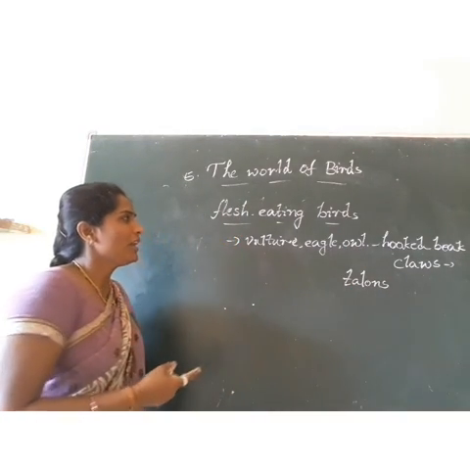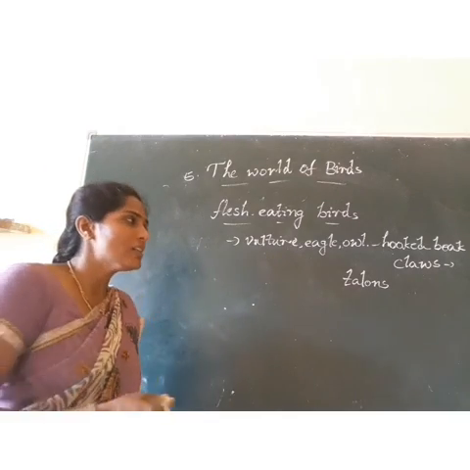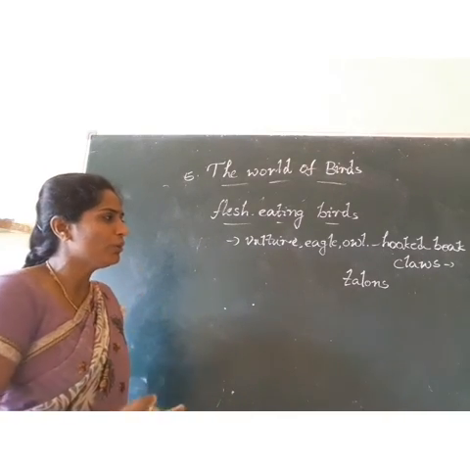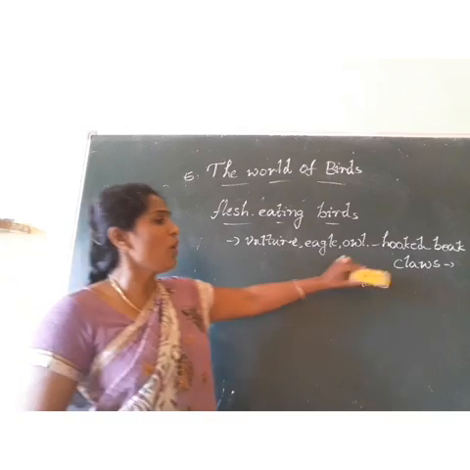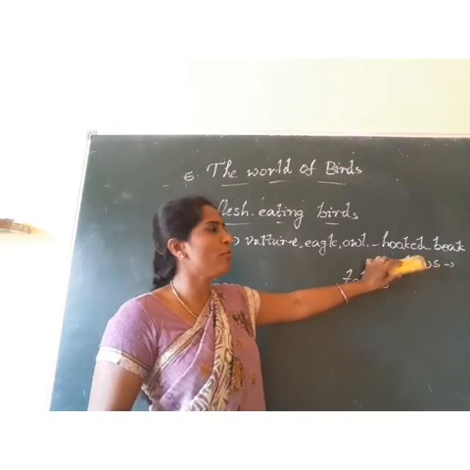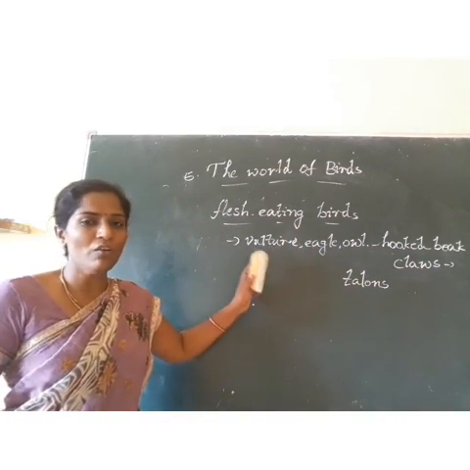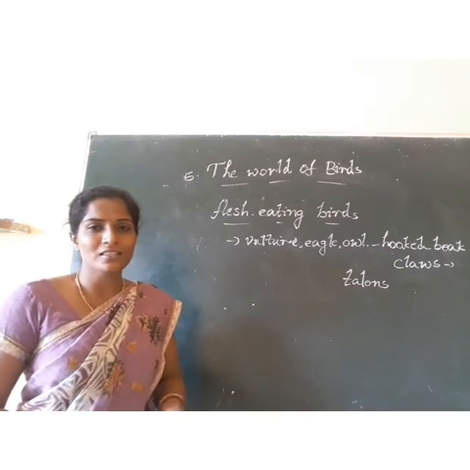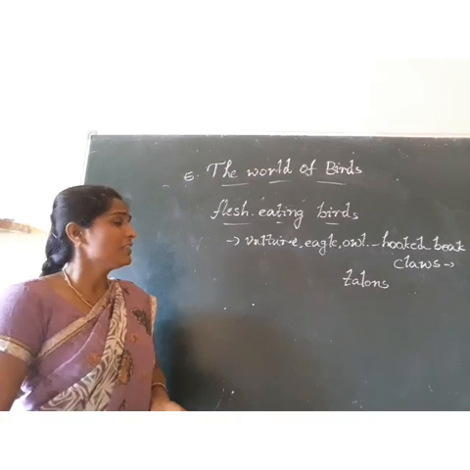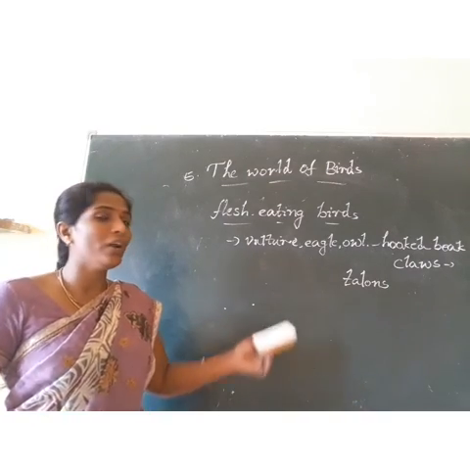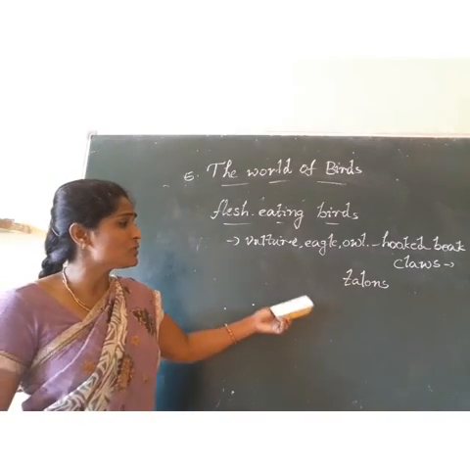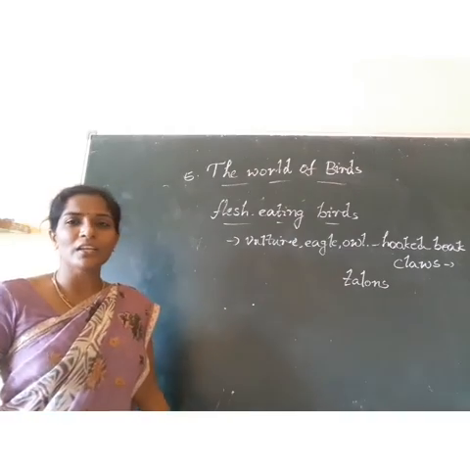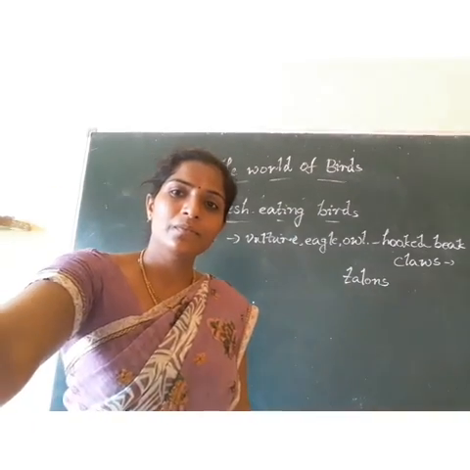We call them flesh-eating birds, and they have a strong hooked beak and also claws. These claws help while they are tearing the flesh of other animals, and we call them talons. The strong claws we call talons. Only flesh-eating birds have these talons.